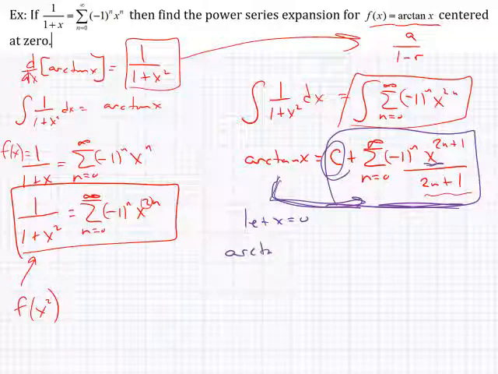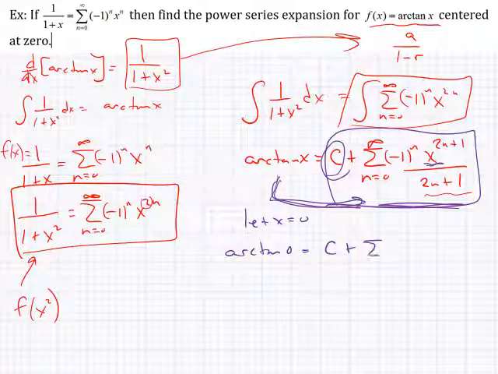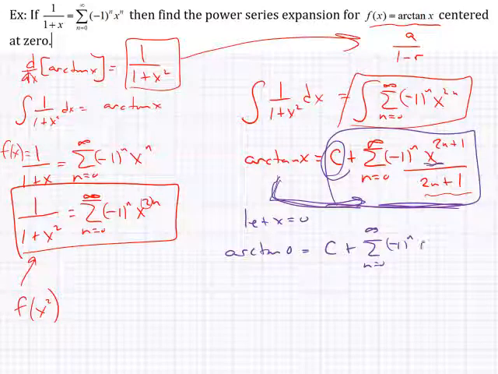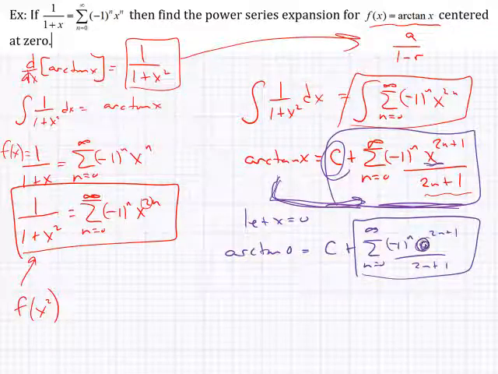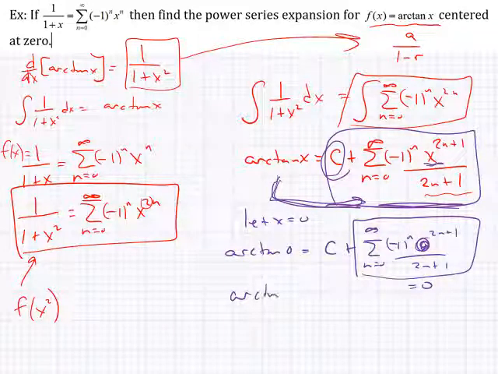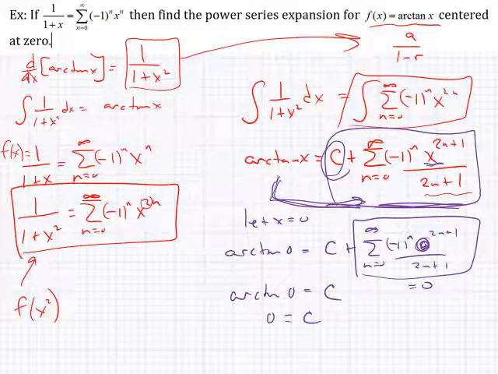Well, arctan of 0 should be equal to c plus the sum of n equals 0 to infinity of negative 1 to the n, 0 to the 2n plus 1 over 2n plus 1. Well, what's this going to be? If it's 0, every term is 0, so this whole thing is 0. So this is just saying arctan of 0 equals c. Arctan of 0 is 0, so c equals 0 again.